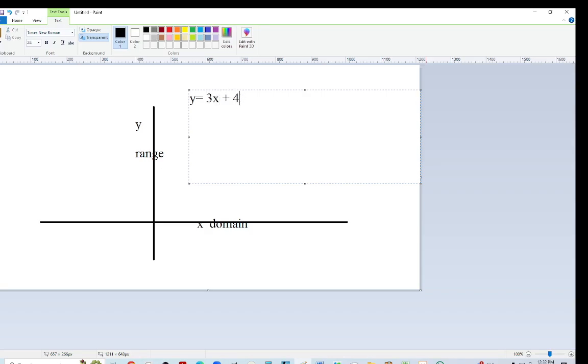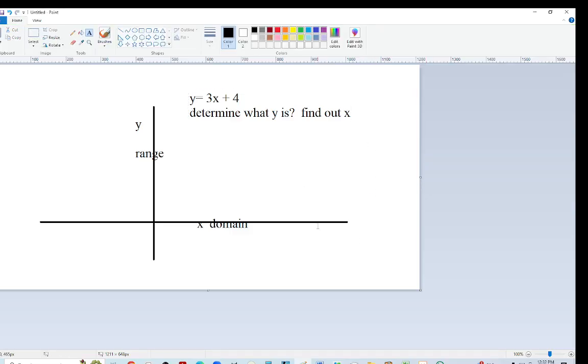So in this case, x gets multiplied by 3 and gets 4 added to it to determine what y is. And generally speaking, when we're looking at a graph, we're always examining the x-axis to determine what y is. So we always read a graph left to right along the x-axis.